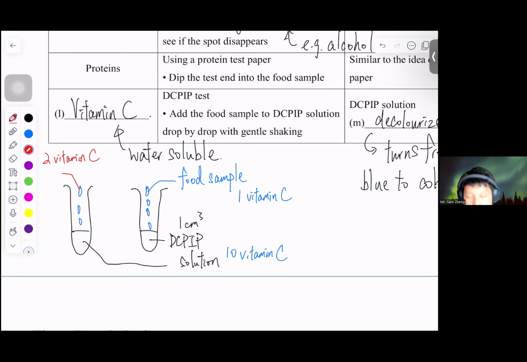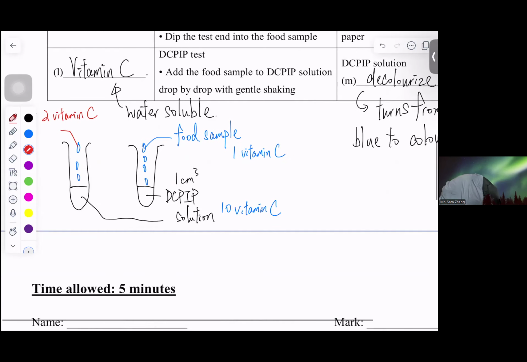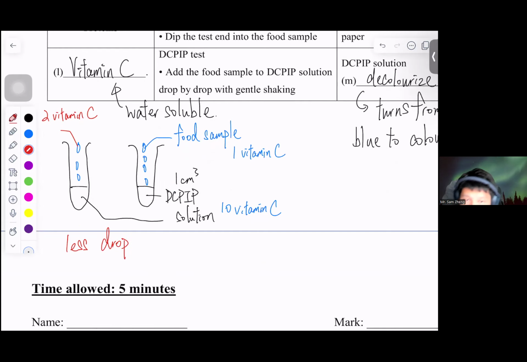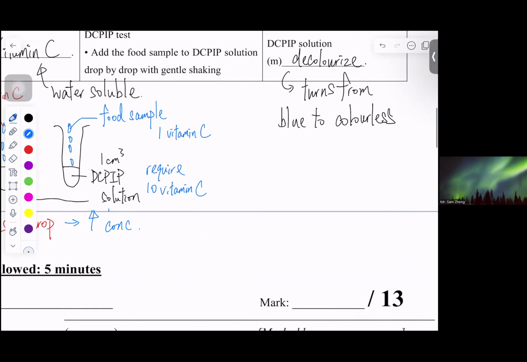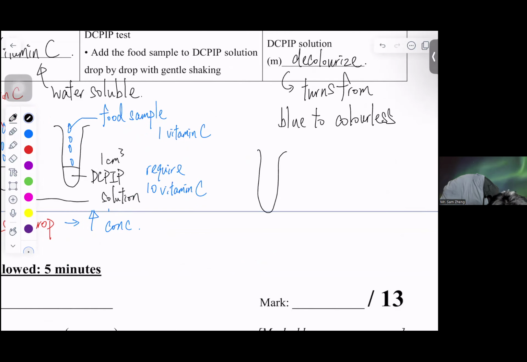So the last drop that decolorizes the DCPIP means it has a higher concentration. On the other hand, this time we place a fixed volume of lemon juice.